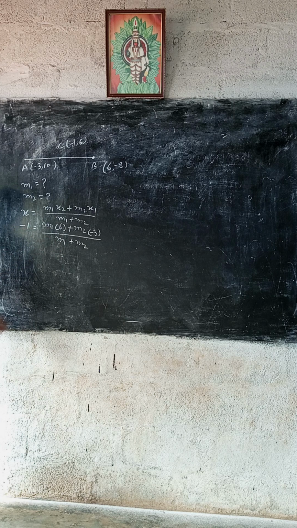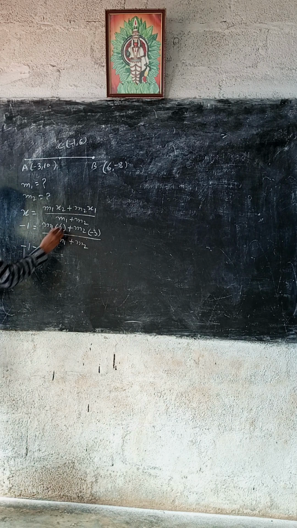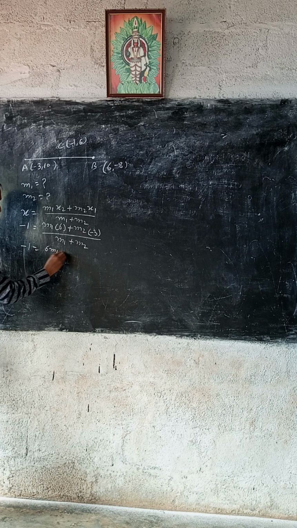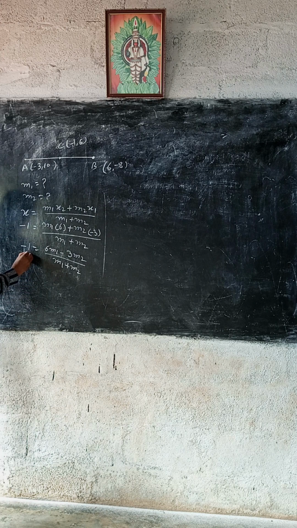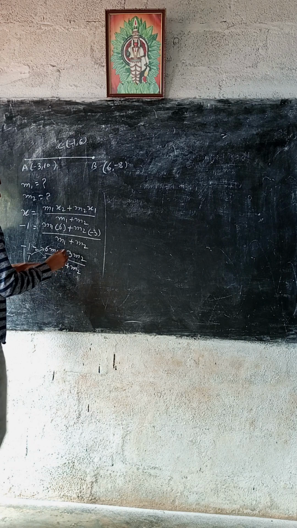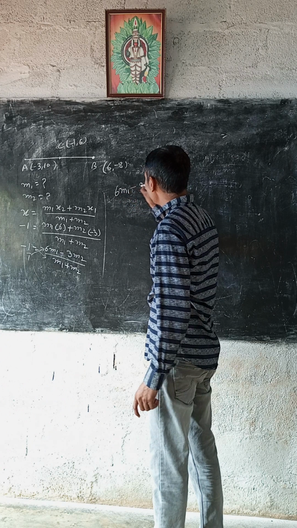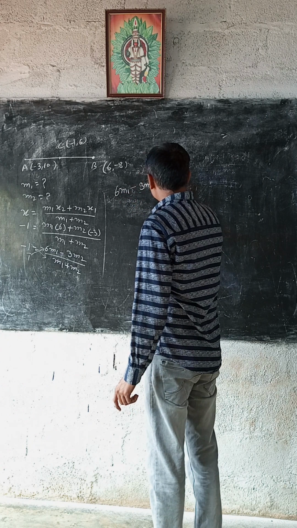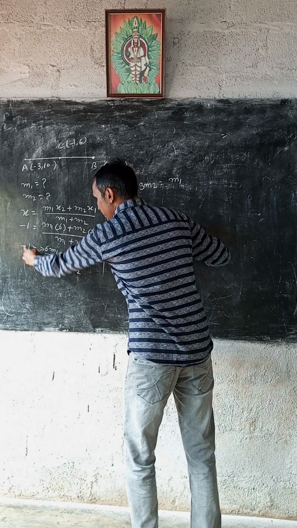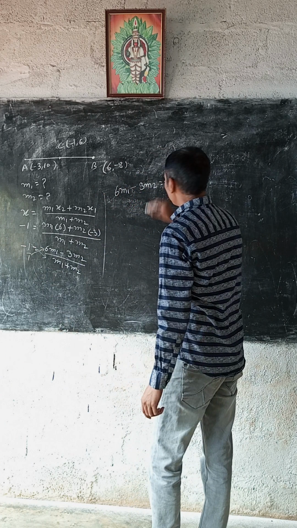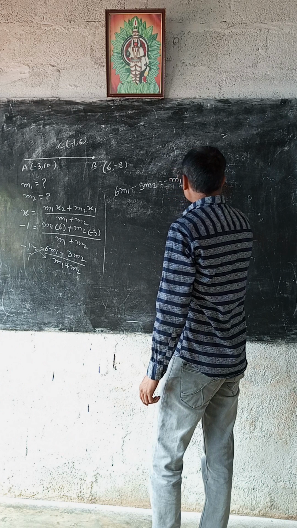If we cross multiply, it can be written as minus 1 is equal to 6m1 minus 3m2 divided by m1 plus m2. Cross multiplying, it becomes 6m1 minus 3m2 is equal to minus 1 into m1 plus m2, so minus m1 minus m2.